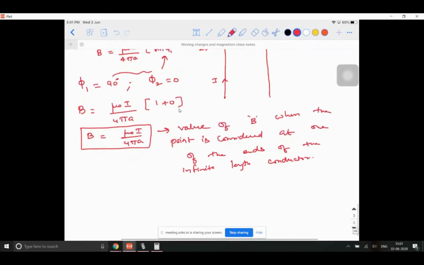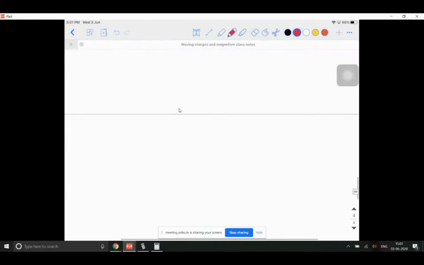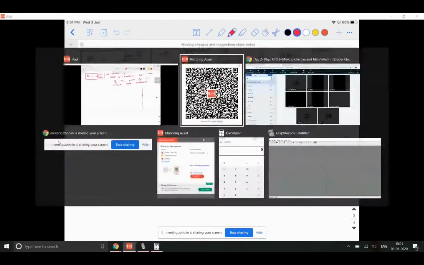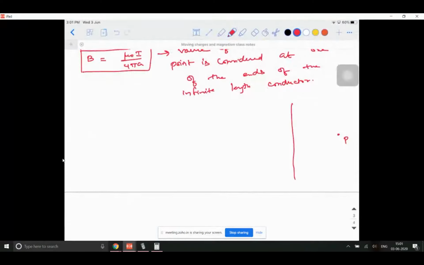In a similar way, if you consider the point P to be exactly at the center, then what would have happened? Both will be 90 degrees.